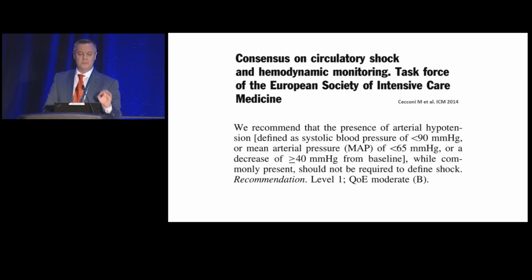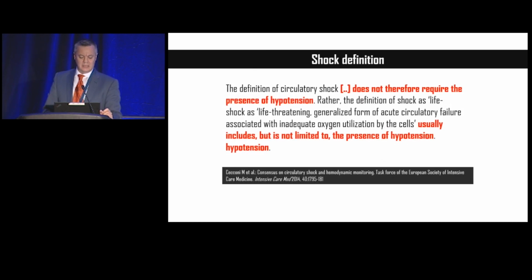hypoperfusion. But it's important to remember, too, that we don't need arterial hypotension for defining shock, a patient in shock. It's important because, as I said before, arterial pressure is a regulated variable. It depends on both blood flow and the arterial system.